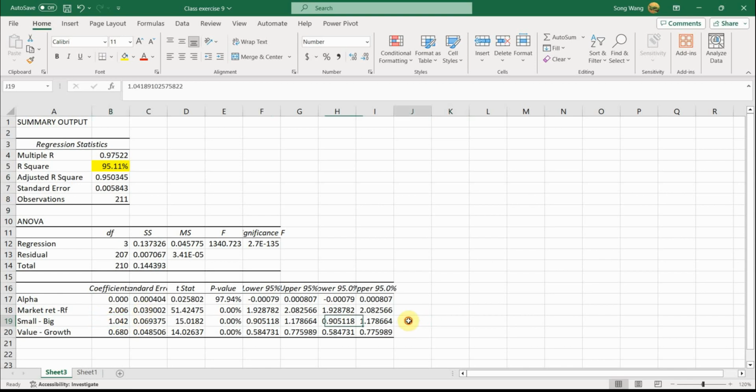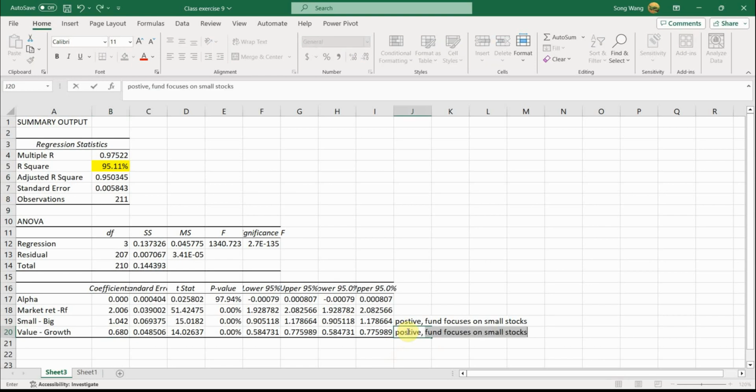So they are in the same direction. So this one is positive, which means the fund focuses on small stocks. Okay, and this factor also is positive.